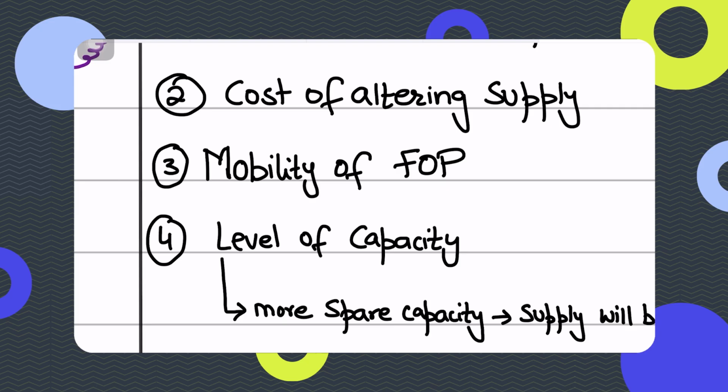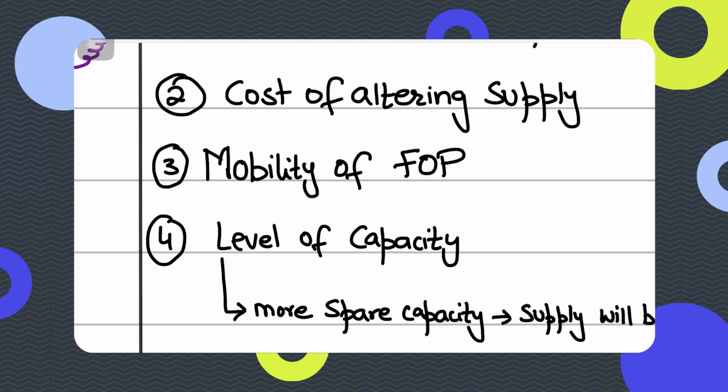But overall, when you talk about mobility of the factors of production, you're referring to how easily all the different kinds of factors of production can be moved geographically, or be mobilized occupationally, in a different sense. So the more mobile the factors of production are, the more elastic the supply is likely to be.